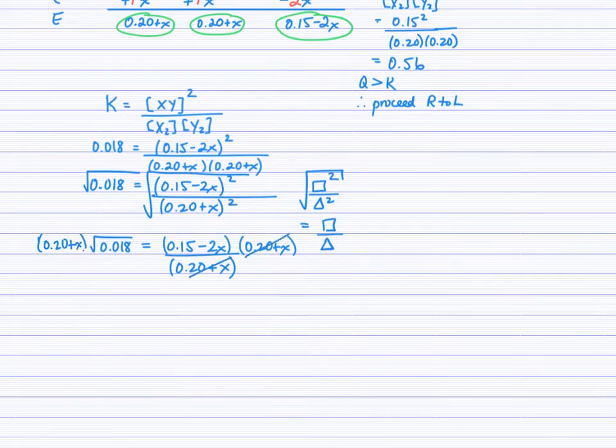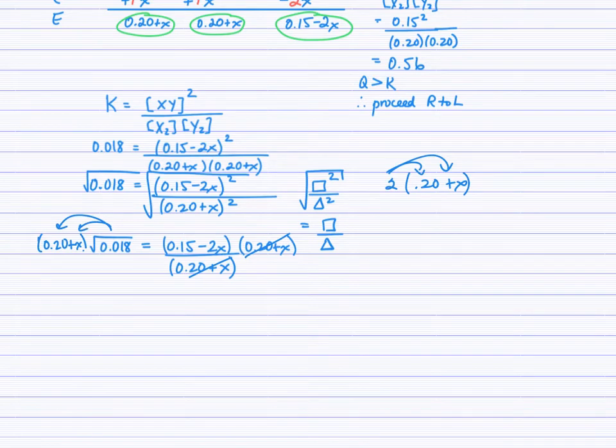That'll cancel it here. And now the square root of 0.018, again, is just a number. So it's like, what would you do if you had 2 times (0.20 plus x)? Wouldn't you just distribute that 2? So that's exactly what I'm going to do here, distribute there.